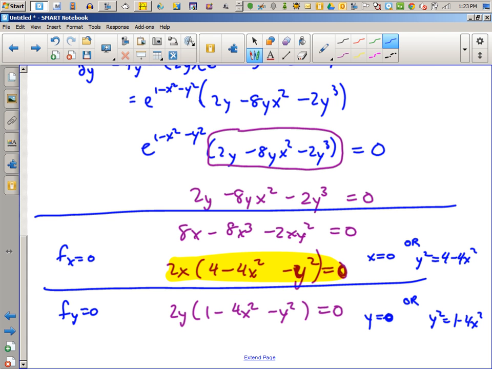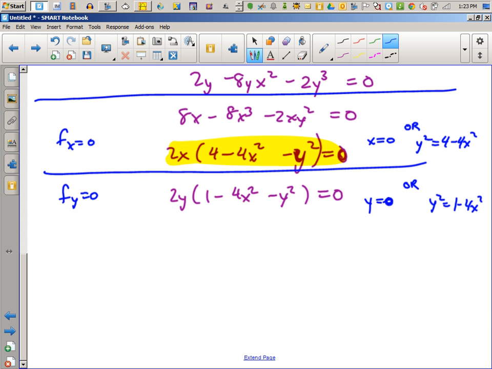If x is 0, this would just be y squared equals 1. So y is plus or minus 1. So I'll write that at the bottom. If x equals 0, y squared equals 1 minus 4 times 0 squared. In other words, 1. So if x is 0, y is plus or minus 1.